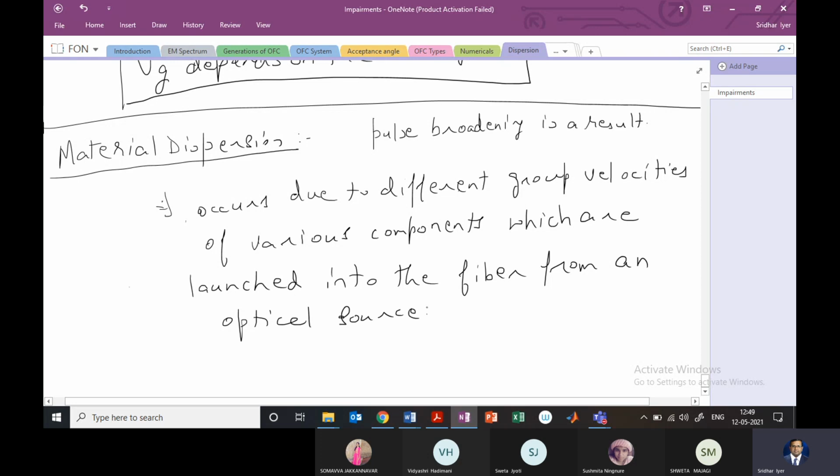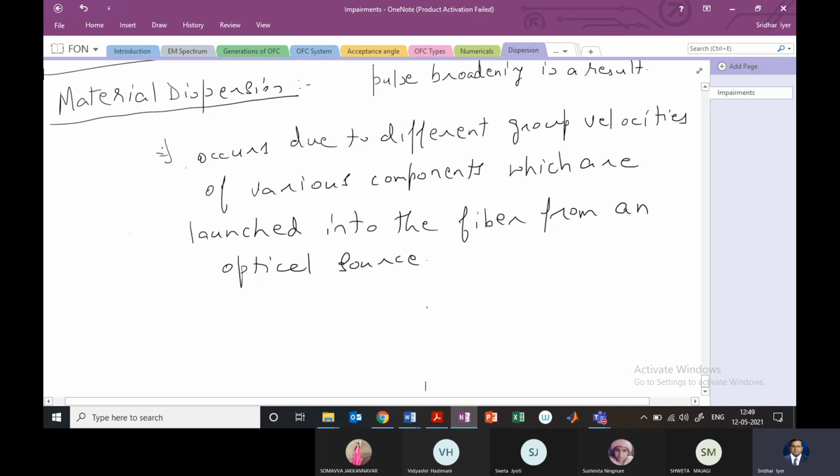So the source is going to insert the light into the fiber, but because of the different group velocities, each of these components, and by component we mean the energy components, is going to have a different velocity, and they are going to reach the output at different times, right?